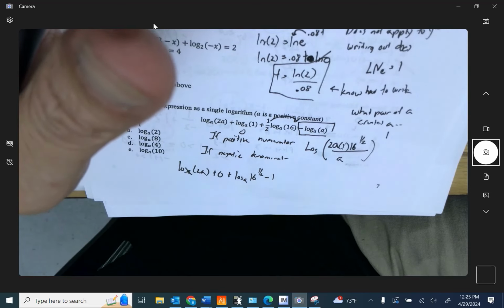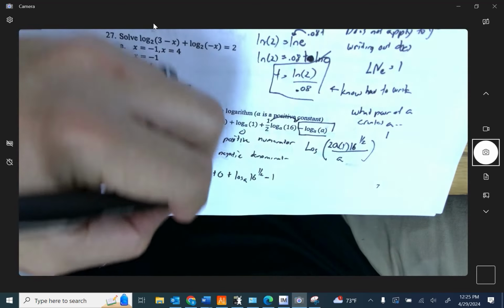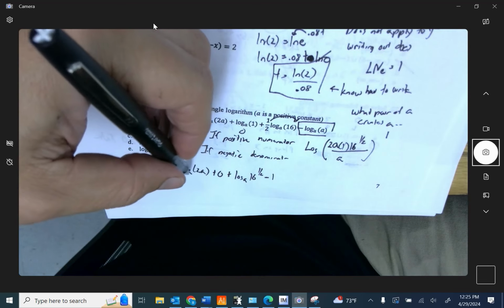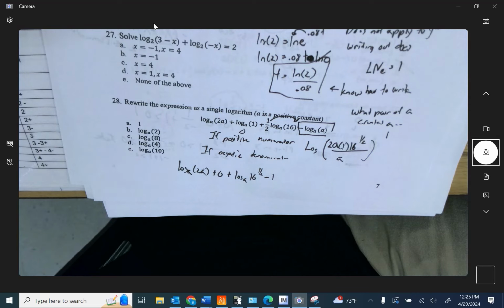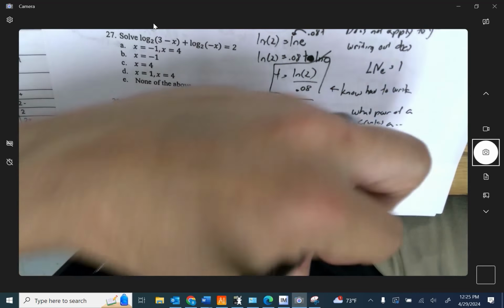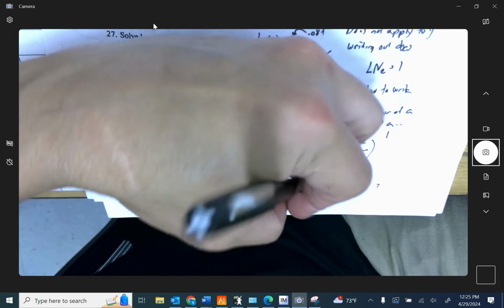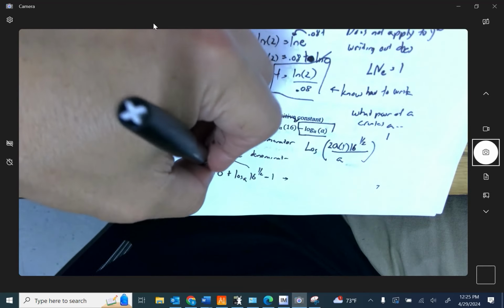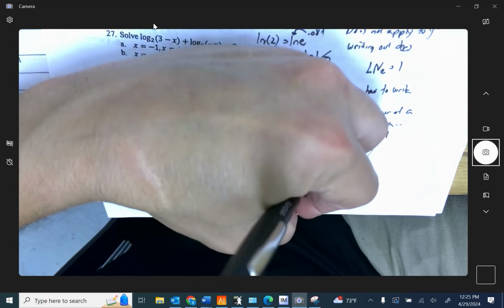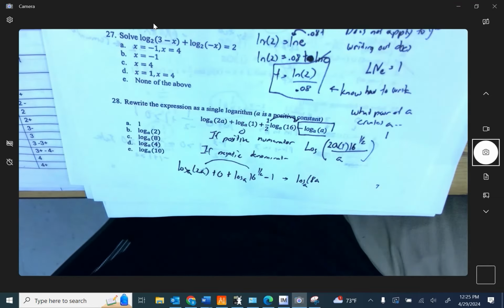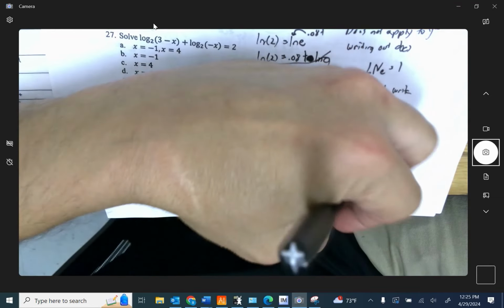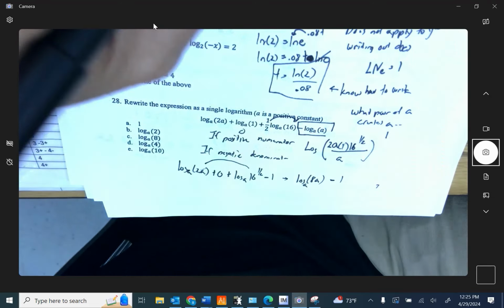Kind of interesting how this thing's working out. All right, let's see what happens. These two can be put together. 16 to the 1/2 is 4. I'd have log of 8a, and this is base 8. And then I have minus 1.